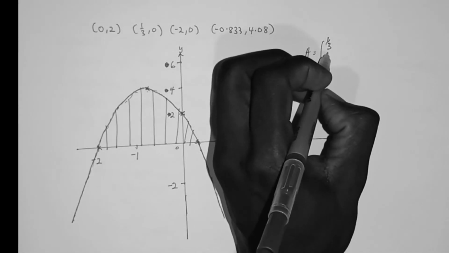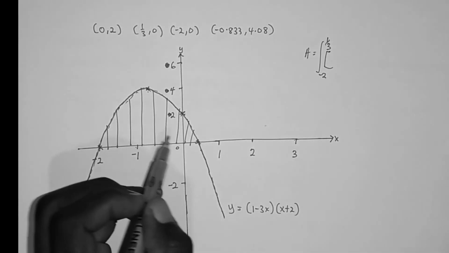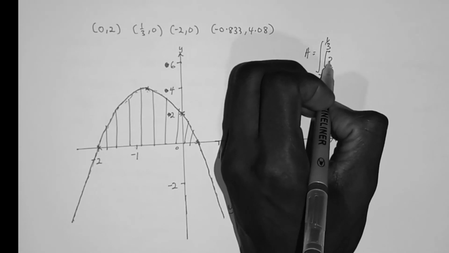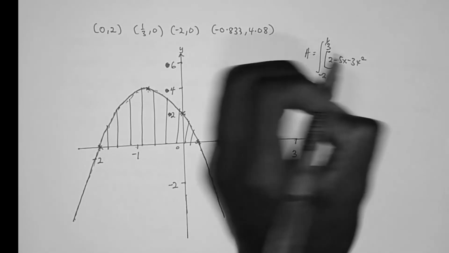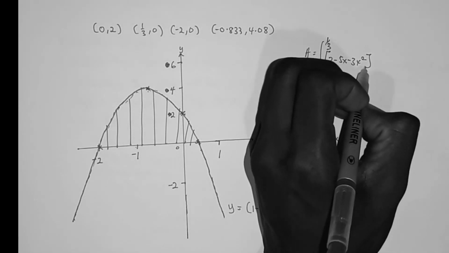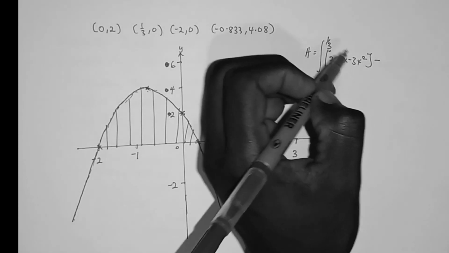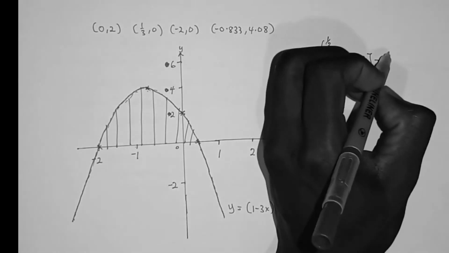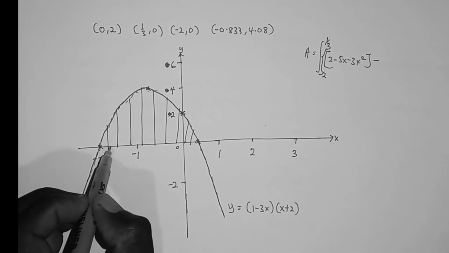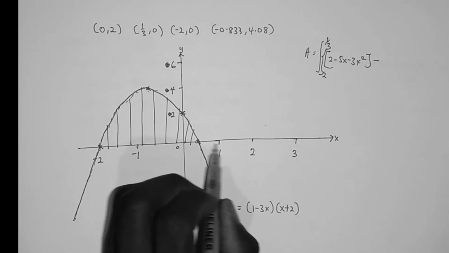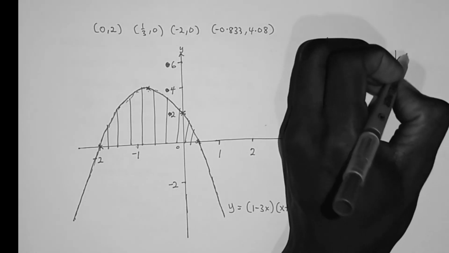So it's going to be the integral of the function on top, which we got as 2 minus 5x minus 3x squared, then minus the function beneath, which is the x-axis, the line y equals 0. So minus 0, dx.